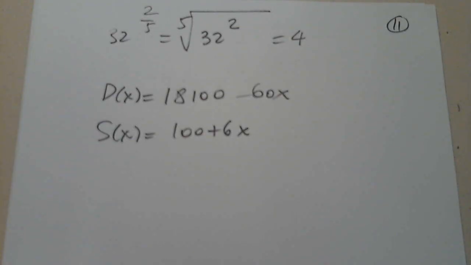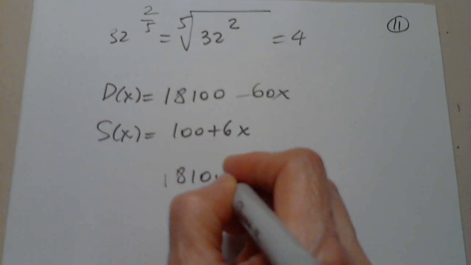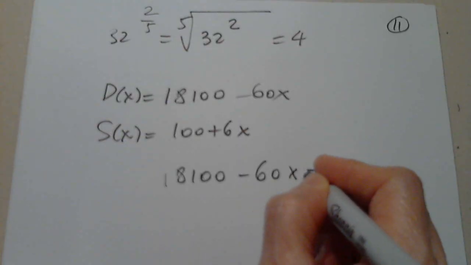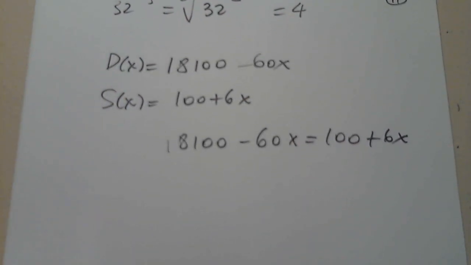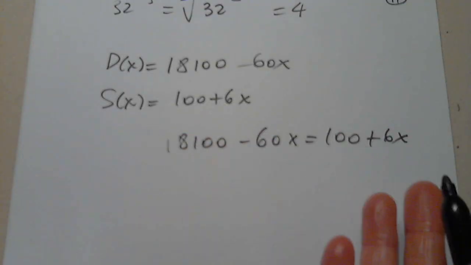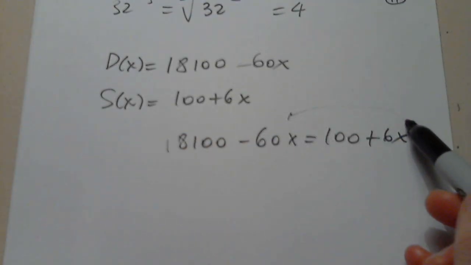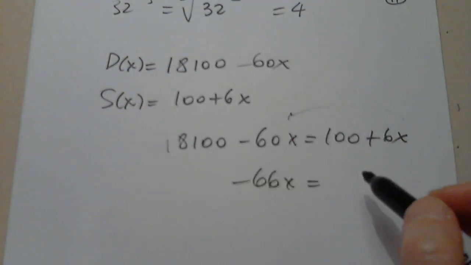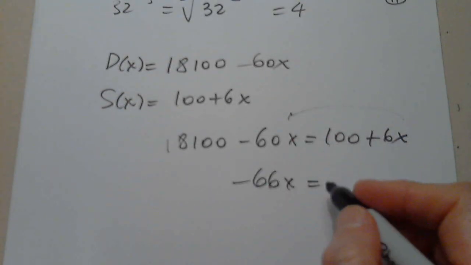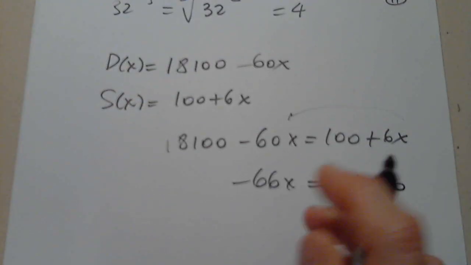It's a very simple linear equation. 18,100 minus 60x equals 100 plus 6x. It's linear, so x has to be on one side, negative 66x. And I go back to the other side and I have negative 18,000.